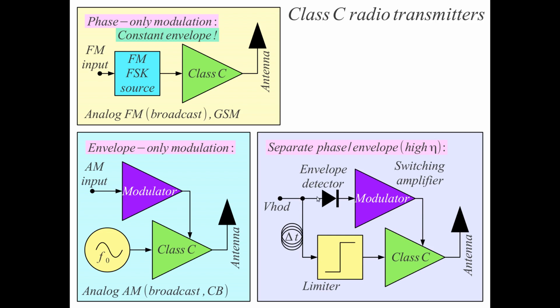And since this switching amplifier introduces group delay, and group delay is much larger for narrow band amplifiers, and a switching amplifier is necessarily a narrow band amplifier that requires filters at the output, so it introduces group delay. And to have both the phase information and the amplitude modulation, the envelope information, at the same time at the output stage, we have to delay the phase modulation to get both signals in phase on our antenna.